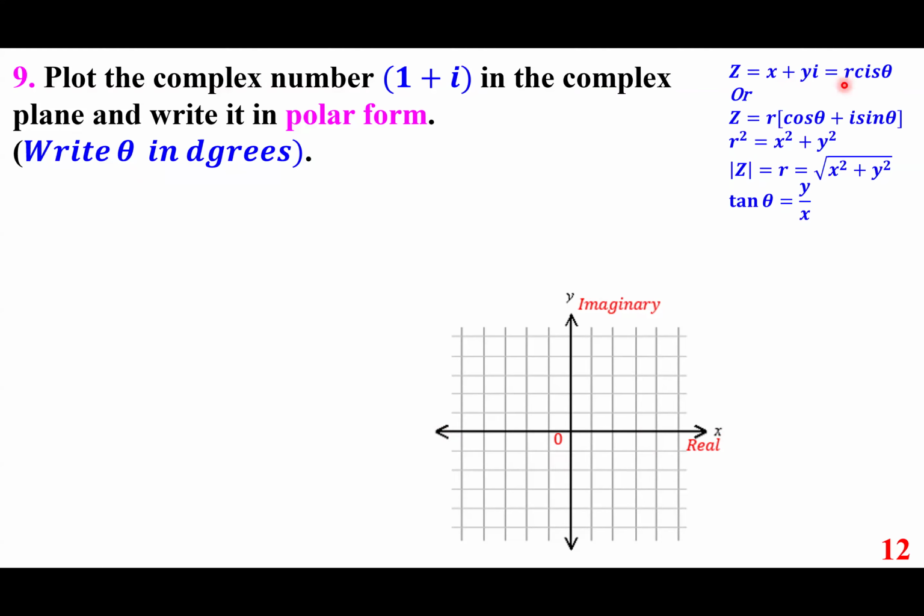The shorthand notation is r cis theta. That means r times cosine theta plus i sine theta. As always, r squared is x squared plus y squared. The magnitude of z, or r, is the square root of x squared plus y squared, and tan theta is y over x. And you always pay attention to the quadrant, and I can't emphasize this enough, okay?